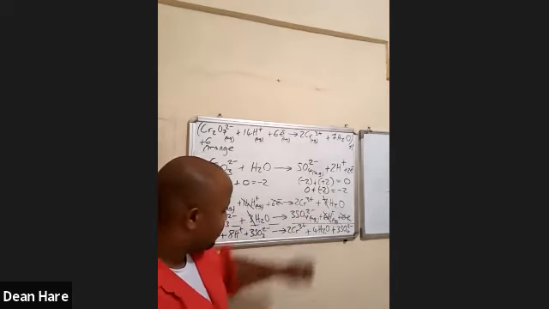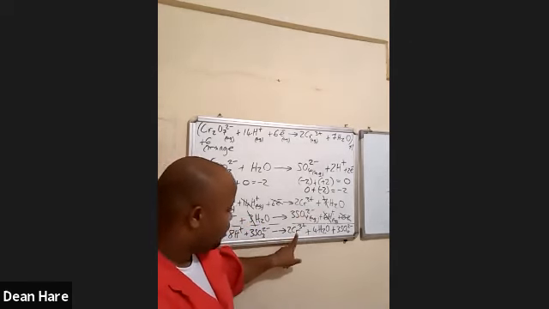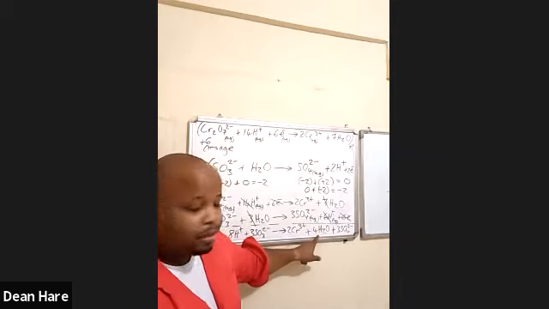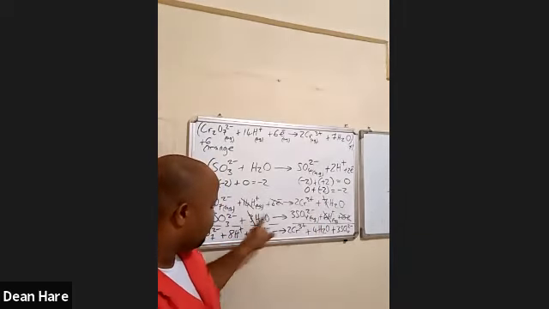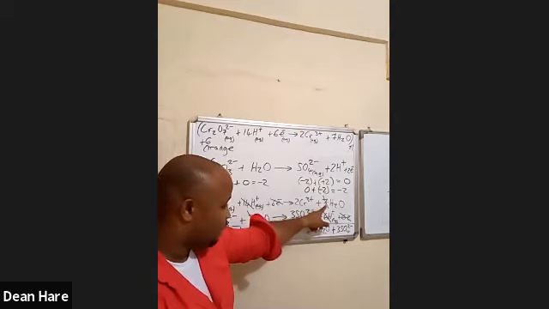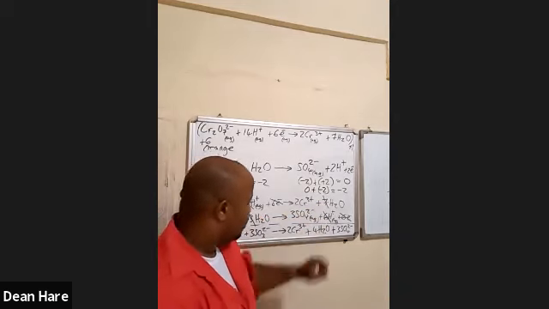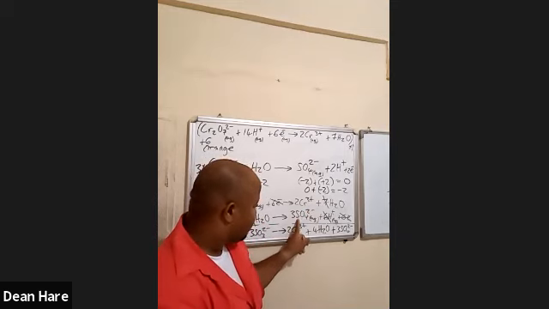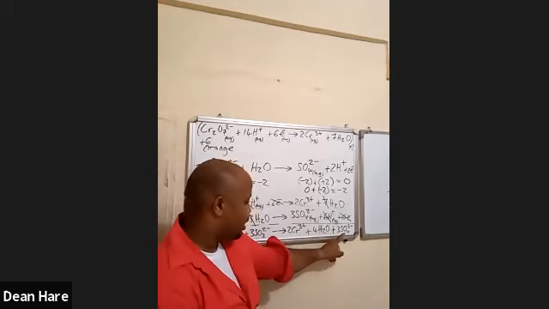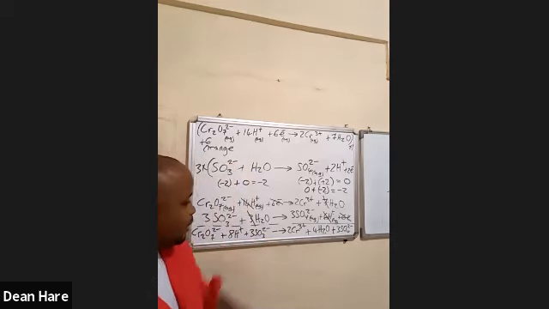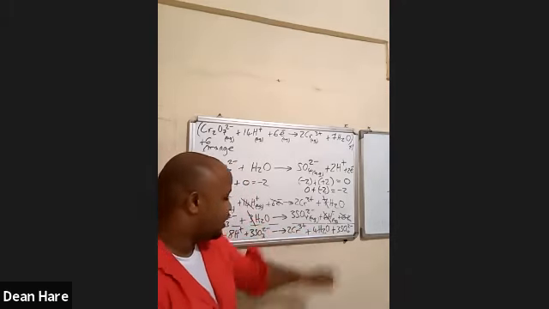On this side, we have the 2 chromium ions, not 7 water. Remember, we took away 3 from this as well. That is why you end up with 4 water. And what else? The 3 sulfate ions. All right, so no hydrogen ion is on this side.